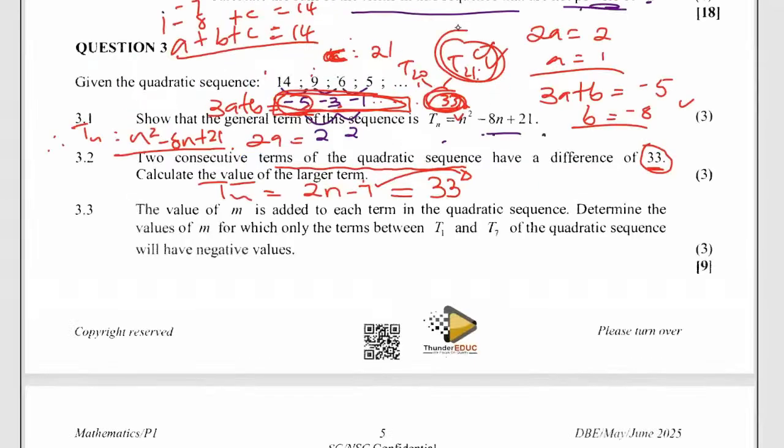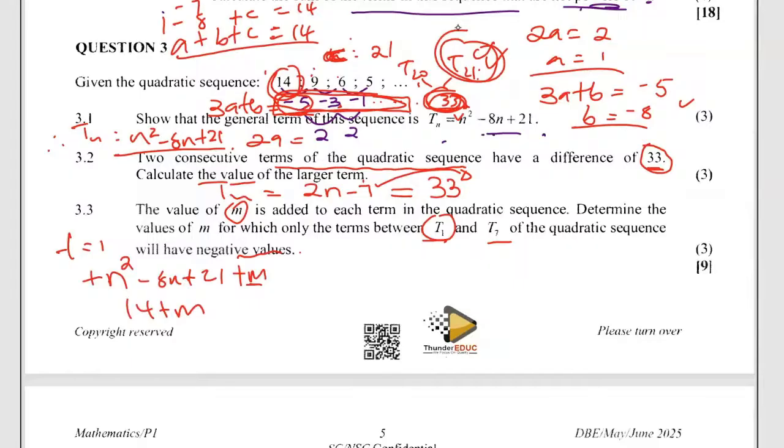Then question 3.3, they're telling us that the value of m is added to each term in the quadratic sequence. So find the values of m for which the terms between T1 and T7 of the quadratic will have negative values in m. Substitute T as 1, which means we're going to end up with 14 plus m. And then at the point where we have T as 7, let's substitute there and we get 7, and then plus your m. So the same thing, and then we focus on T equal to 7.